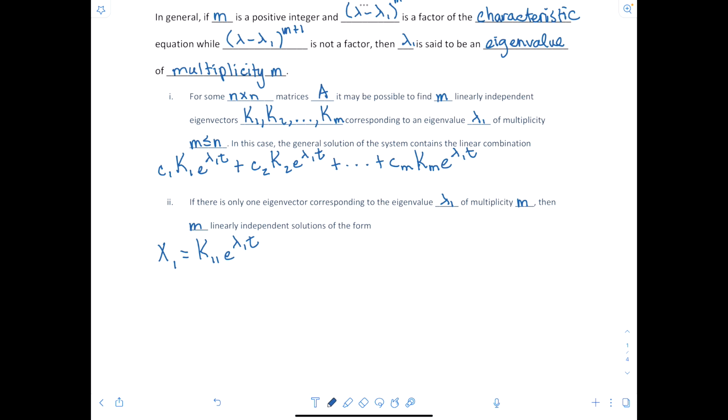The next line would be capital X2, a solution vector, equal to capital K sub 21 times t e to the lambda 1t, and then you'd still have your capital K sub 22 e to the lambda 1t.